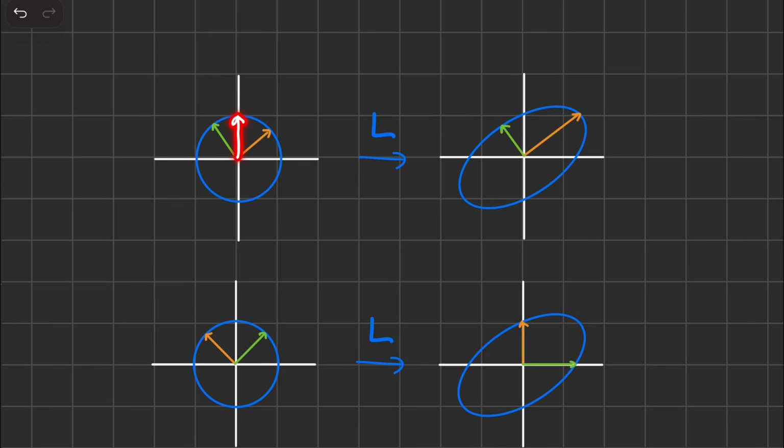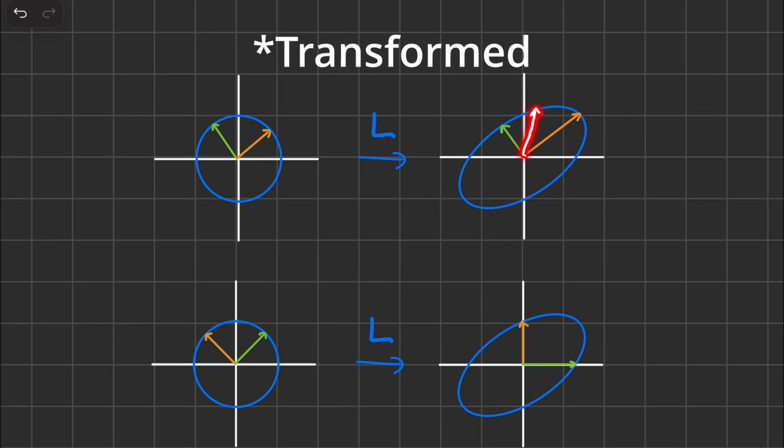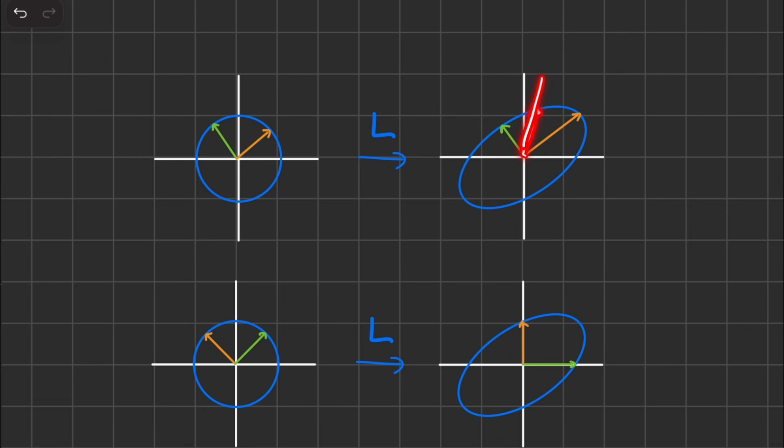So this vector gets stretched into this one here, but no longer has the same direction as it had before. But for our orange and green vectors, for which the direction remains the same, these are eigenvectors, defining eigendirections.